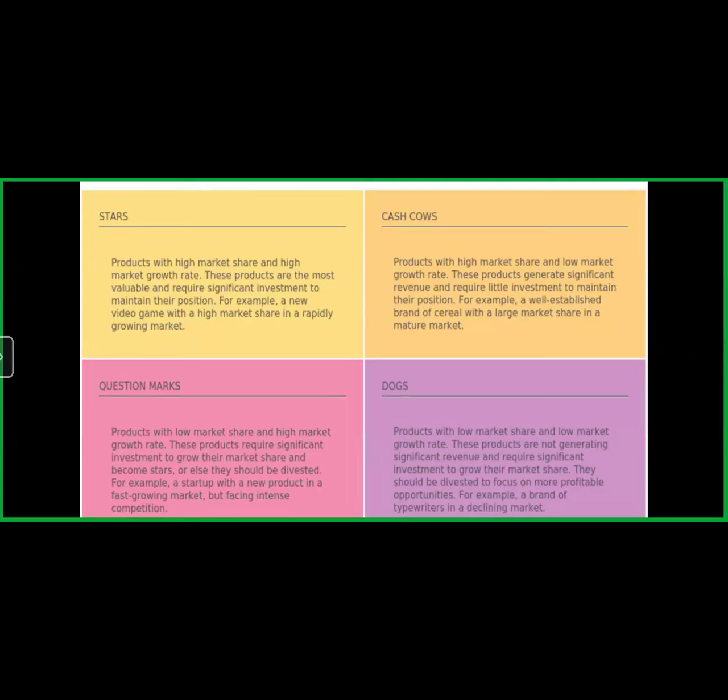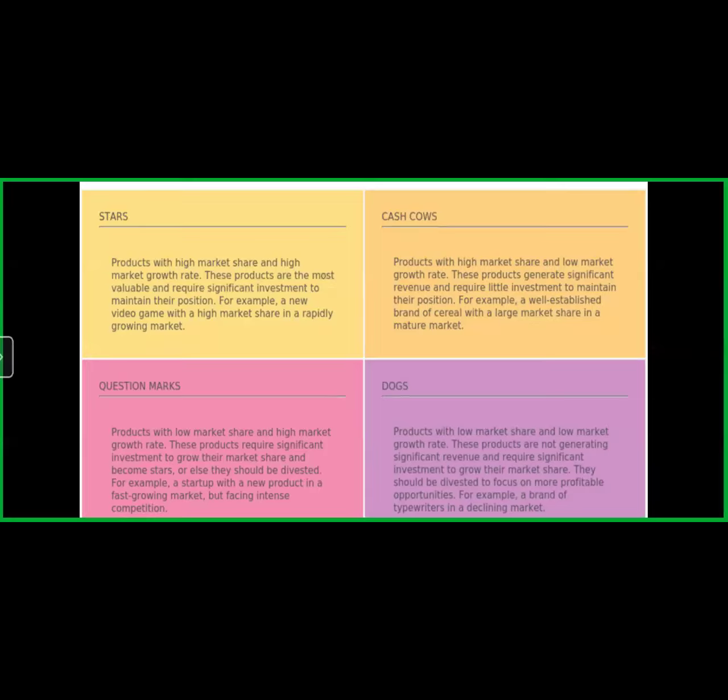Why? Because of, again, global warming. And when summer is getting extended, people are going to purchase cold drinks or ice cream. So Amul's ice cream can be kept in this star.